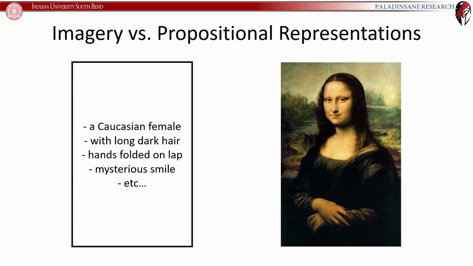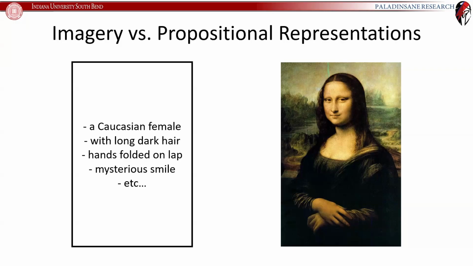And what that means is that the properties of the image map onto the physical external properties of the thing being represented. So for example, her eyes are above her mouth in the imagery representation. Her eyes are above her mouth in the actual painting. That structure is preserved.